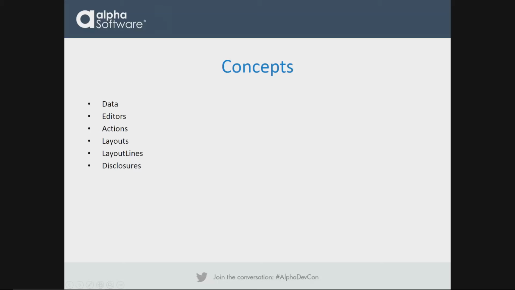So basically, the key concepts that you'll need to understand when you start working with control bars are data, editors, actions, layouts, layout lines, and disclosures. Now, I should point out that all of the concepts are discussed in the documentation in quite a bit of detail. So I'll show you a little later on where to find the doc on the control bar.